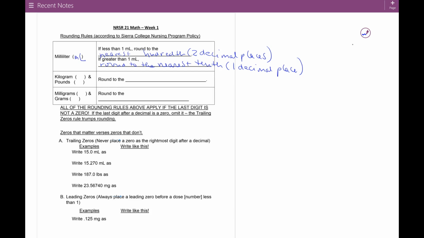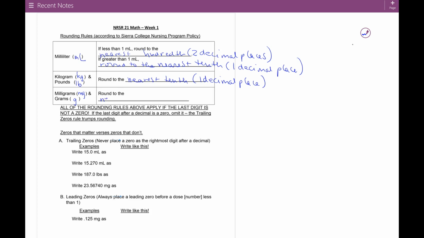So then we have kilograms. We abbreviate kg, both lowercase, and pounds, lb. And we round to the nearest tenth, which again is 1 decimal place. And then milligrams, lowercase m, lowercase g, and grams, lowercase g.